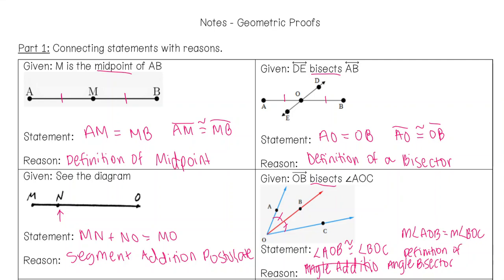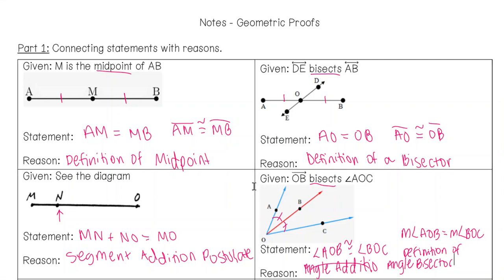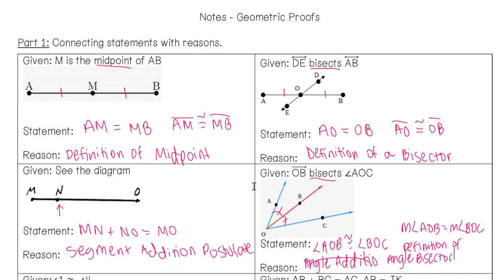Where you could have done angle addition would be, if I were given this diagram and didn't know that OB was the bisector, I could have said that the measure of angle AOB plus the measure of angle BOC would equal the measure of angle AOC. So if it hadn't specifically said bisect, I could still make that angle addition postulate claim, but this one was a little bit more specific, so definition of angle bisector is what we really wanted there.